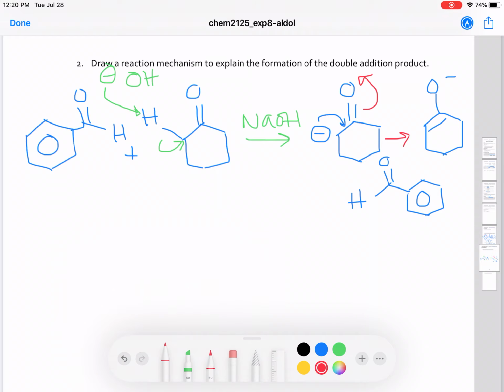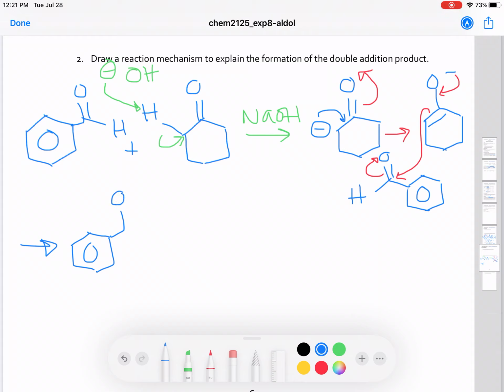So the flow of electrons takes place like that, and it's going to go through this carbon and then open up the pi bond, and then that will give you this reaction where you have O minus like this, correct?